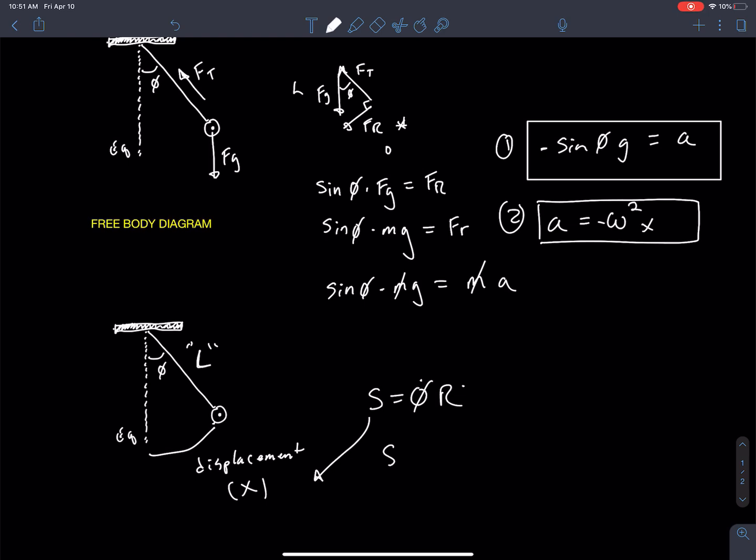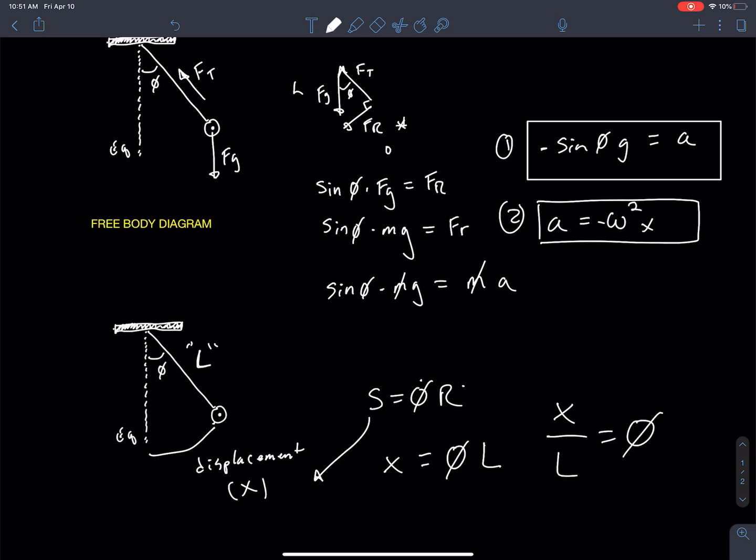So I can rewrite this with variables that we have: x, my displacement, is equal to my angle in radians times the length. So x divided by L is equal to my theta in radians.